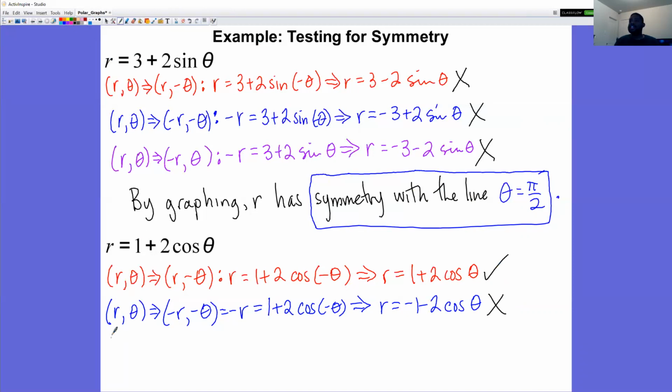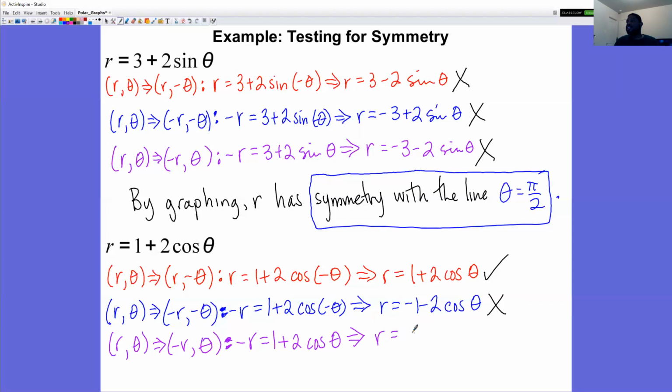So we'll check the last one just to verify. We're going to change r this time to negative r. And that gives us negative r equals 1 plus 2 cosine theta.